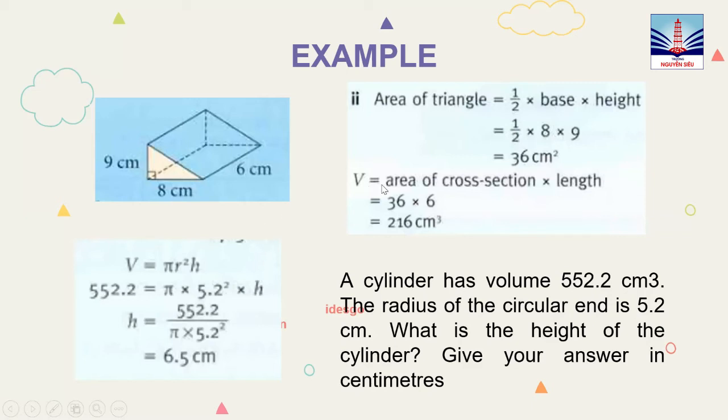So to find the volume of the cylinder, the volume of the cylinder is 552.2 centimeters cubed. So the height is equal to 552.2 over pi multiplied by 5.2 squared, and equals 6.5 centimeters.